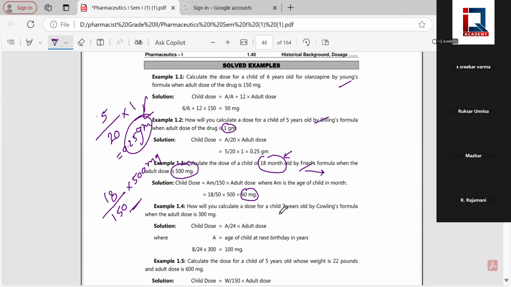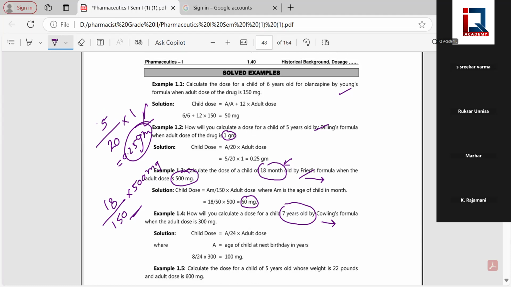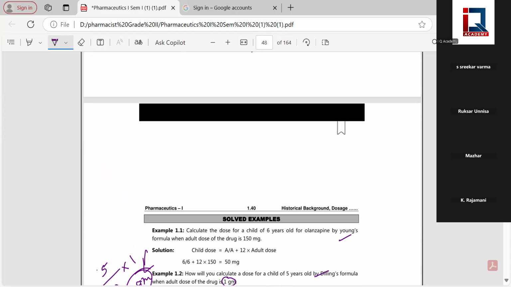See the next calculation. How will you calculate the dose for a child of 7 years old by Cowling's formula? Cowling's formula is age at the next birthday by 24 into adult dose. We haven't written Cowling's formula here, so look, I'll show you.